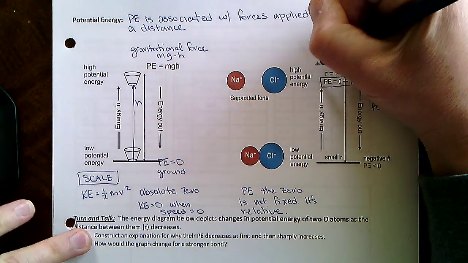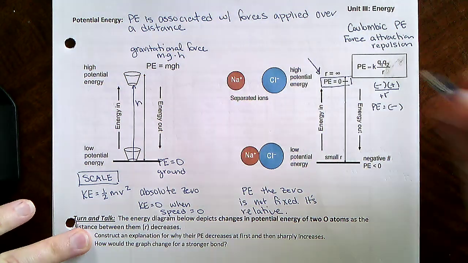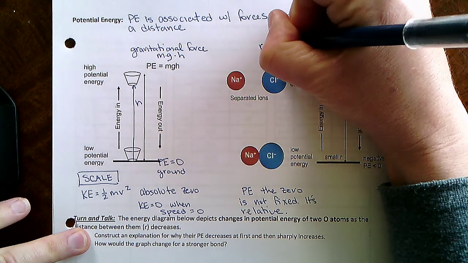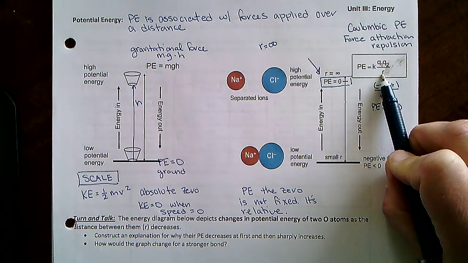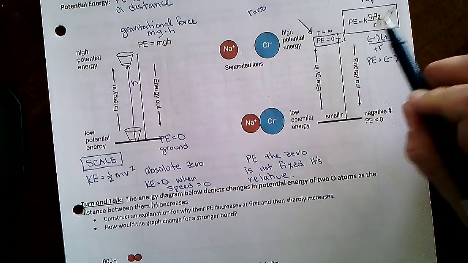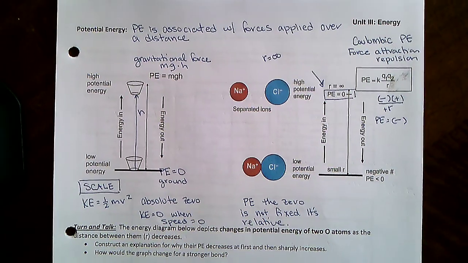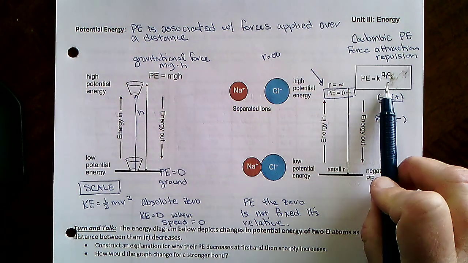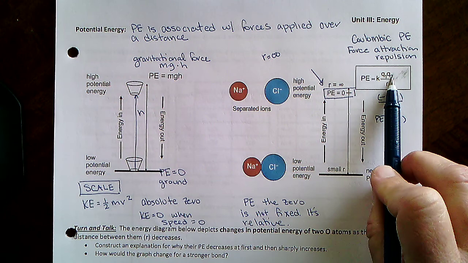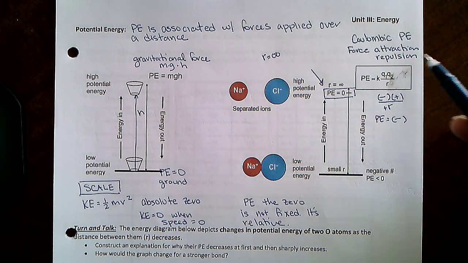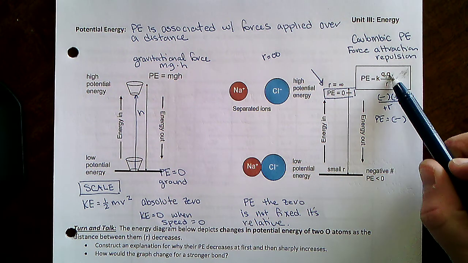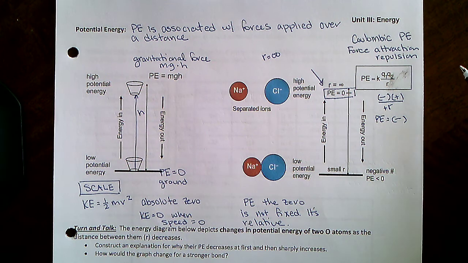Or the way to think about this might be when R is infinity. When the distance between Q1 and Q2 is infinity, if you divide a number by infinity, you're basically getting closer and closer to zero.